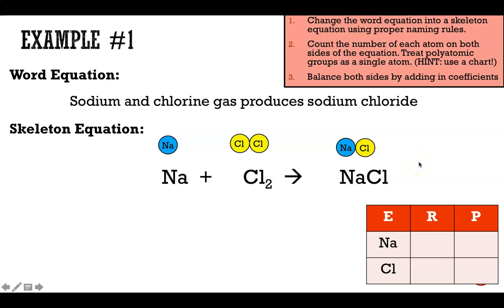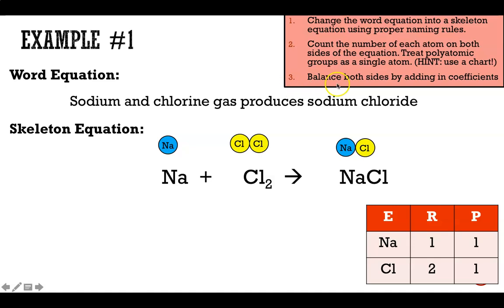So our chart, when we fill it out, is going to look like this. So right away, this makes it really nice and easy to see what you need to balance, because so far, and you can see this by the picture too, so far we've got 1 sodium on both sides, so that's already balanced, but we have 2 chlorines and only 1 chlorine on the product side, so that's not balanced. We need to figure out how to balance that.